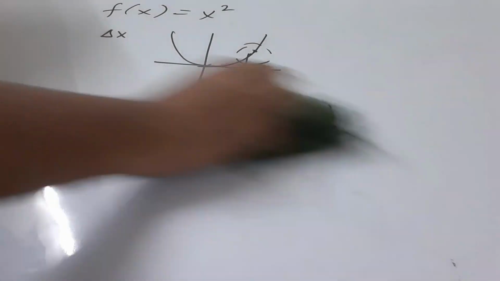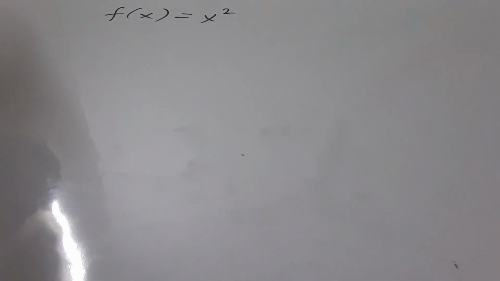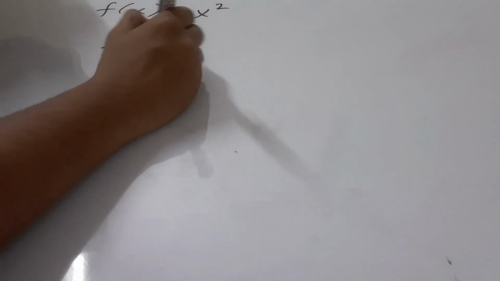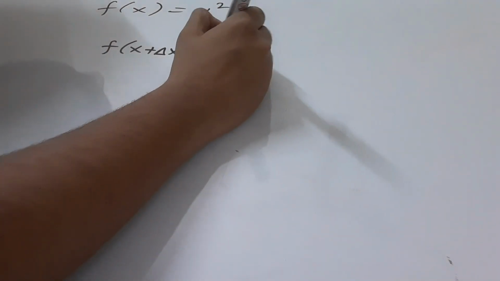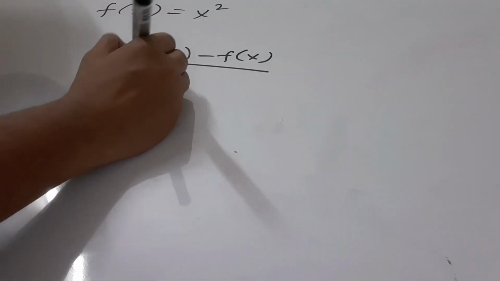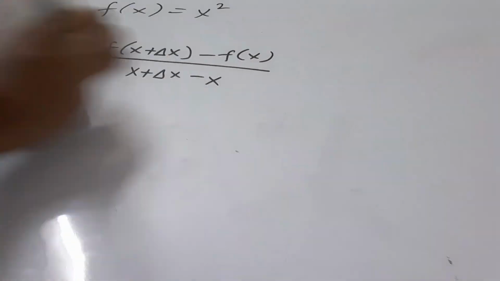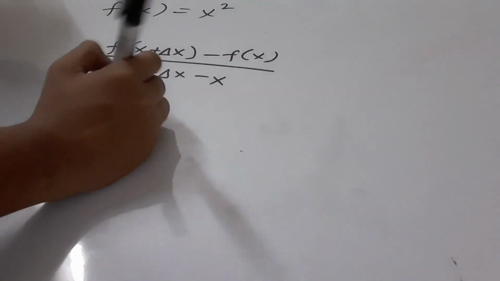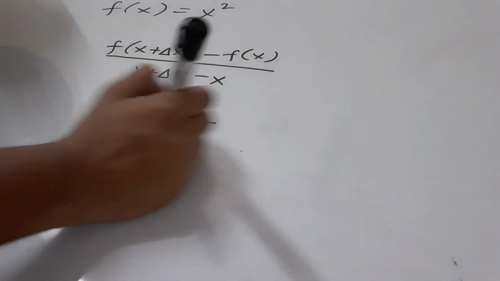The slope that we are looking for is f of x plus delta x minus f of x upon x plus delta x minus x. Yep, that's the exact formula I wrote before. It is just y2 minus y1 upon x2 minus x1. This is y2, not y squared.